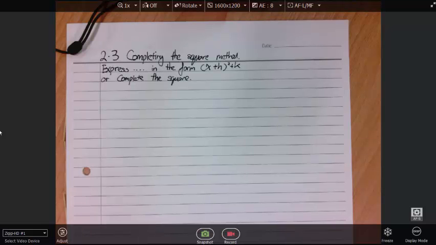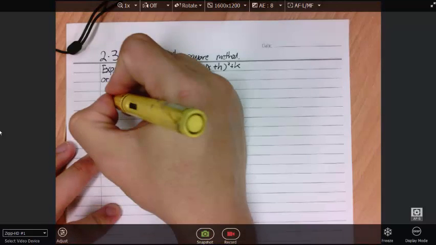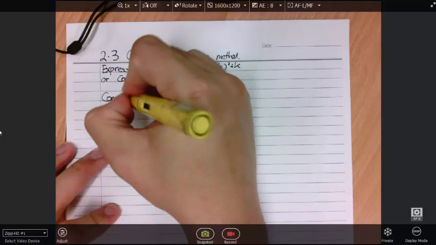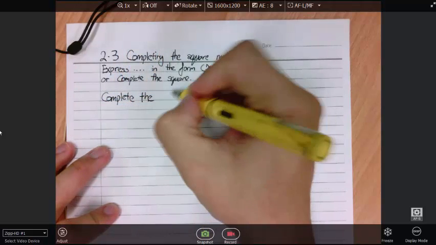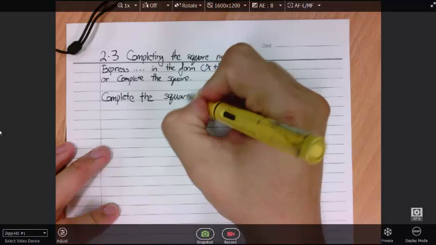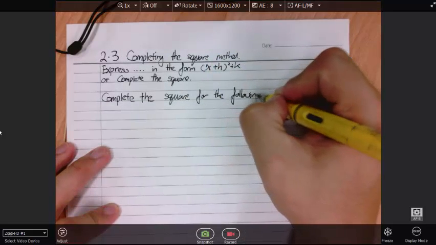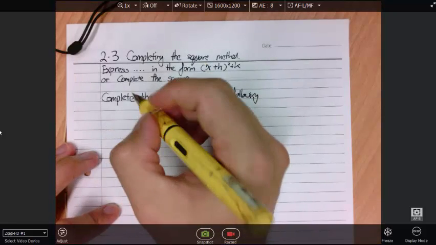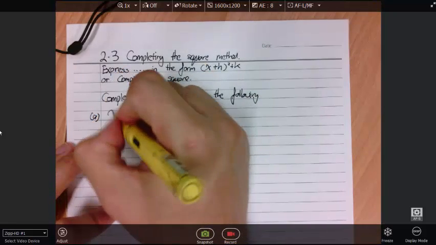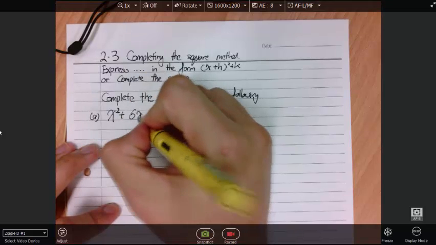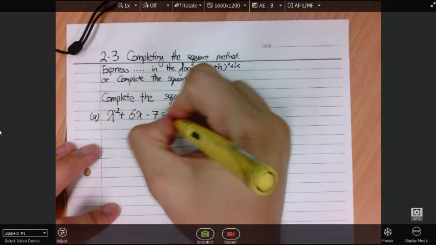And it is like this. For example, complete the square for the following. I will need you all to copy this down. So for part A, x squared plus 6x minus 7 is equals to 0.